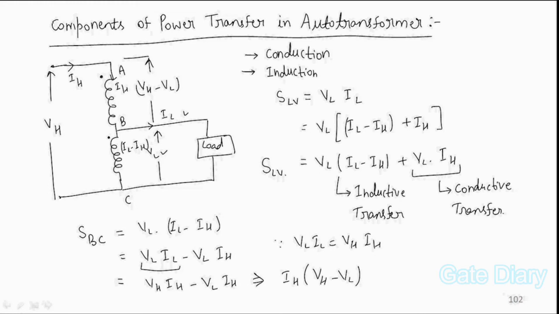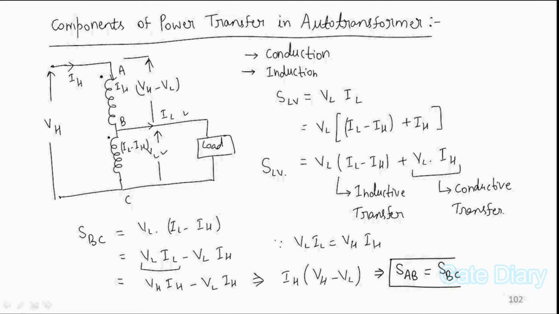This VH minus VL into IH is basically SAB, the apparent power across the AB winding. So you can say SAB equals SBC.